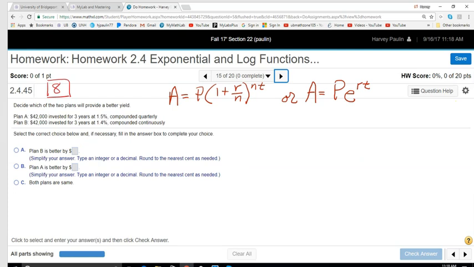Now for number 8, here we're asked to do two things and make a comparison. So this would be plan A here, and this will be plan B. So this is compounded quarterly, and this is the continuous interest formula where we use Euler's E. And again, we showed how to do this in our flipped classroom lesson.